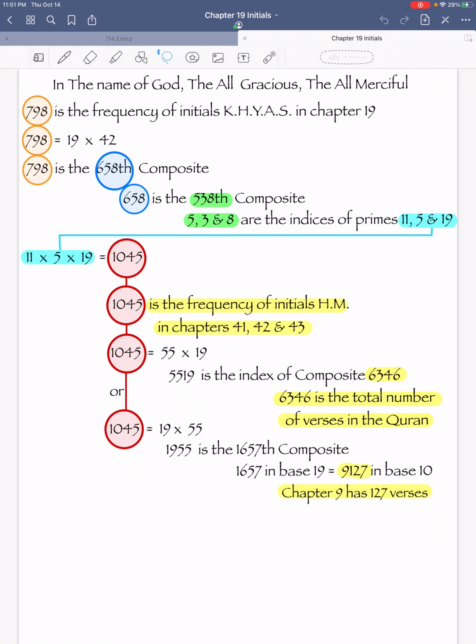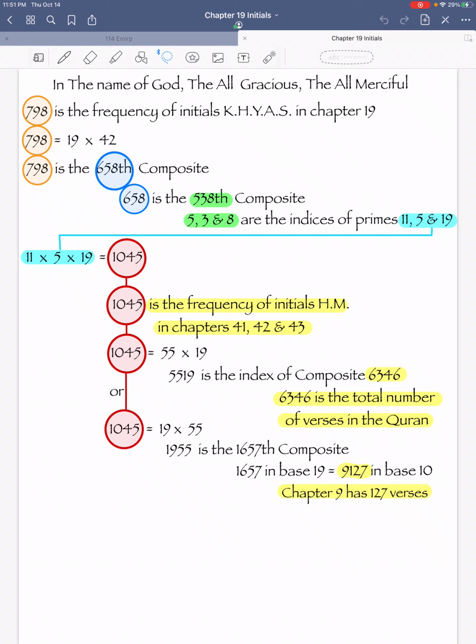So far, the total number of initials in chapter 19 gave us the total number of initials in chapters 41, 42, 43. It also gave us the total number of verses in the Quran. It also gave us the total number of verses in chapter 9. Very easy steps. Very easy mathematics to follow.